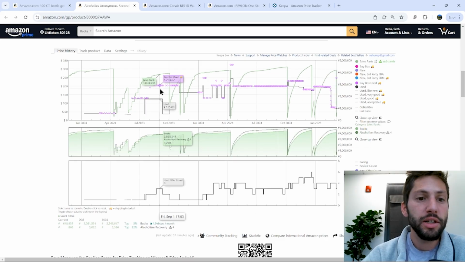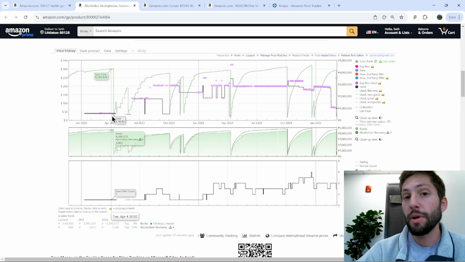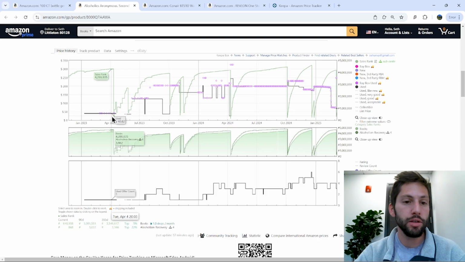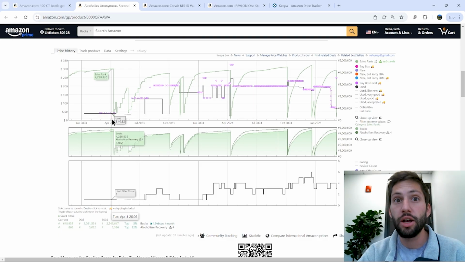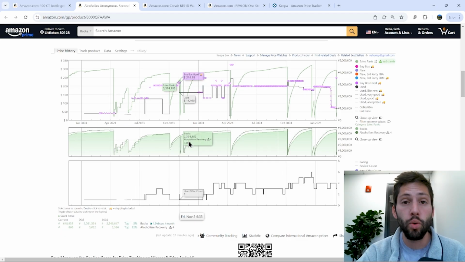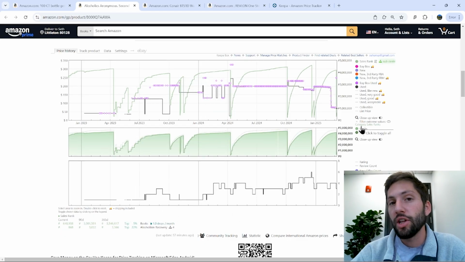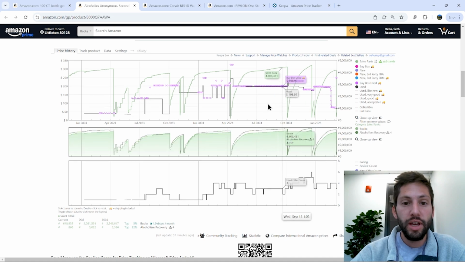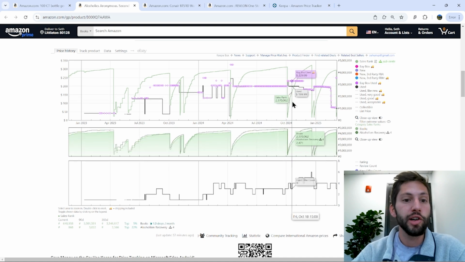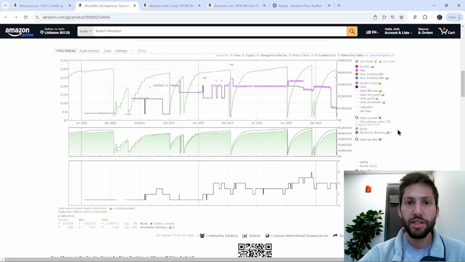This is not the best example because potentially these people are smart to lower their price so that this item actually sells, because they could have had this in their inventory for over a year. But certain people are selling for $30 and certain people are selling for $170. The thing is on this listing, it's a very slow listing. So we're going to move on to the next example.